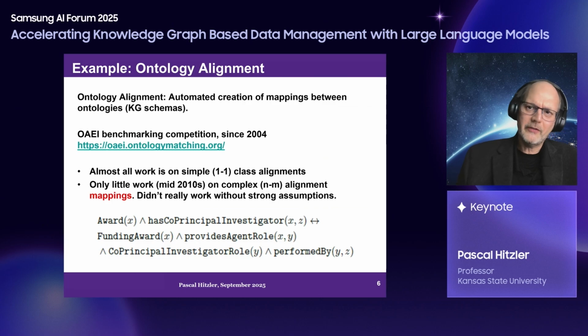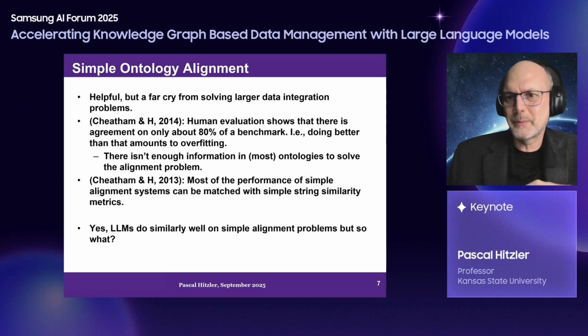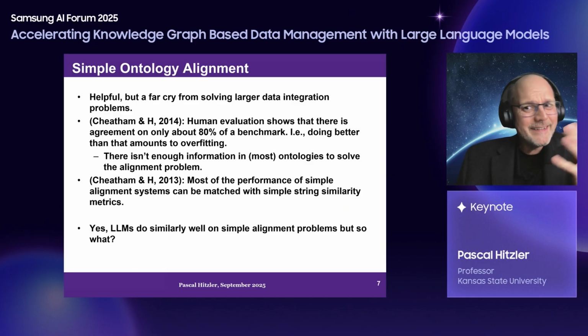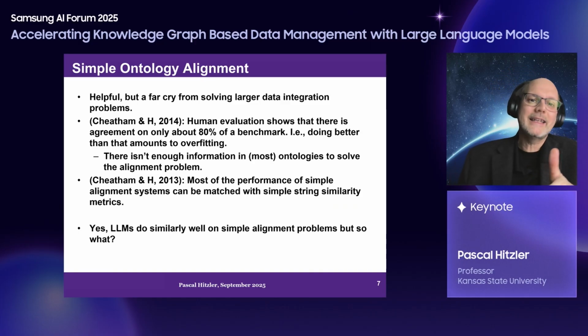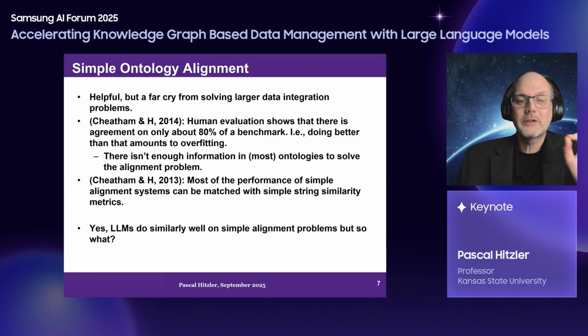For the simple ones, which just look at types and mapping into each other, the situation was much better. Don't need to talk too much in detail here. Mostly string similarity metrics actually did a lot of the job, and now LLMs can do similarly well on these simple alignment problems. And that's fine and that's good, but we want to look at the complex one.